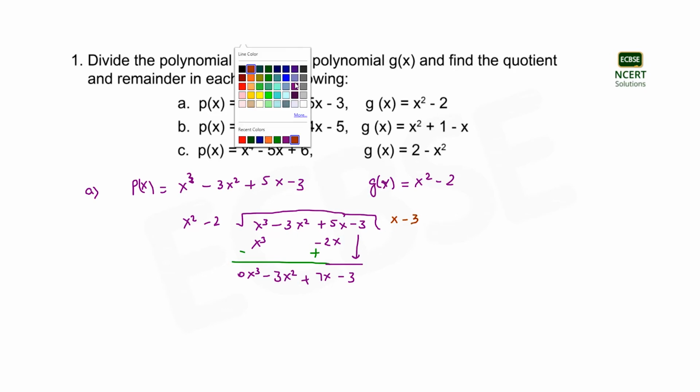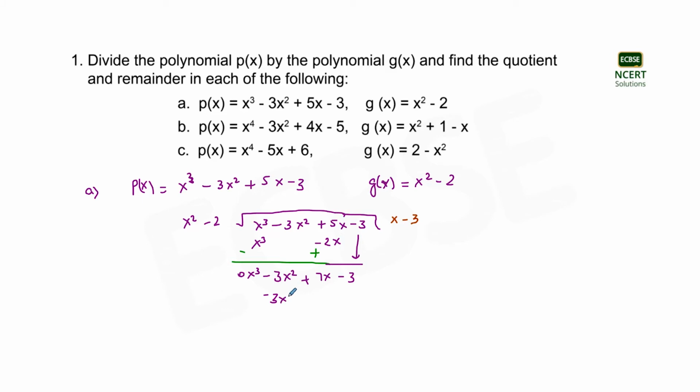Now on multiplying minus 3 with the divisor, we obtain minus 3x square plus 6. Now subtracting them, we obtain 7x minus 9.